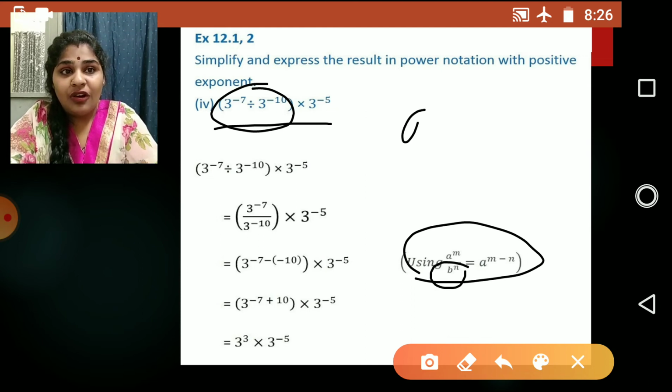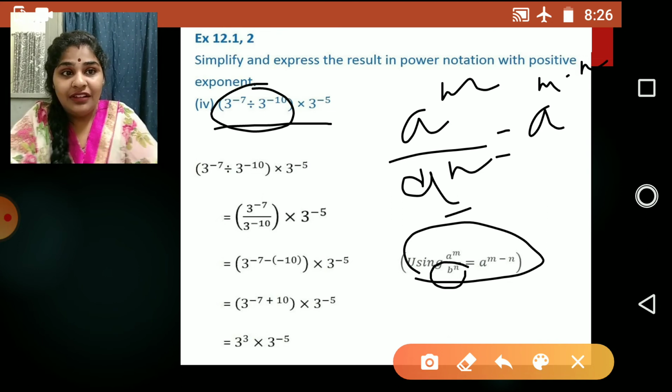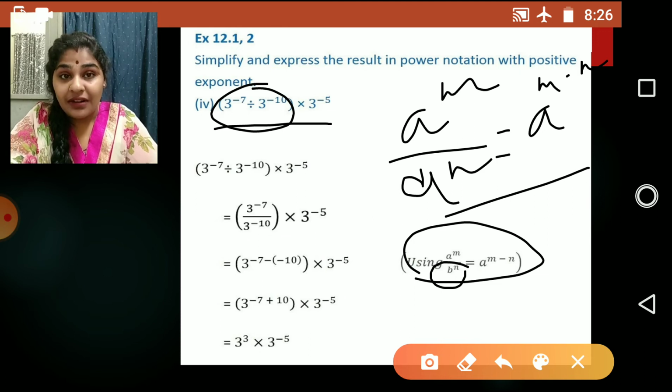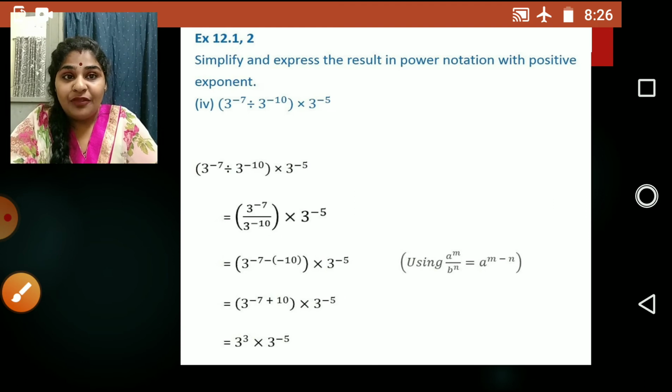It is the law a raised to m upon a raised to n is equal to a raised to m minus n. Okay, this is the law, right? A raised to m upon a raised to n. Bases are the same. So using this law, we will subtract the exponents, right?